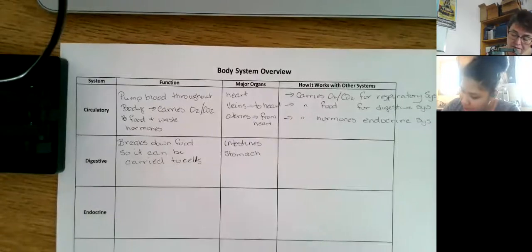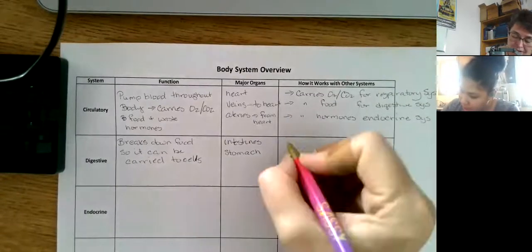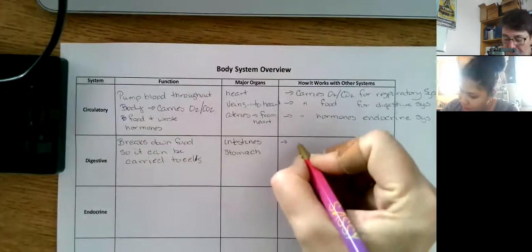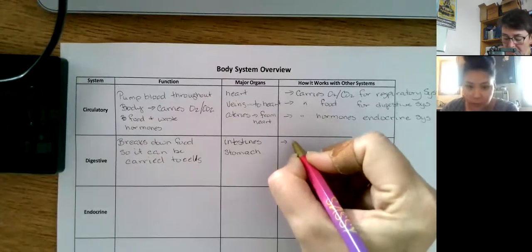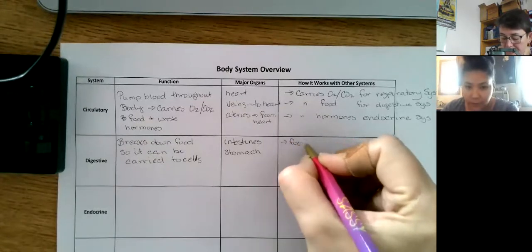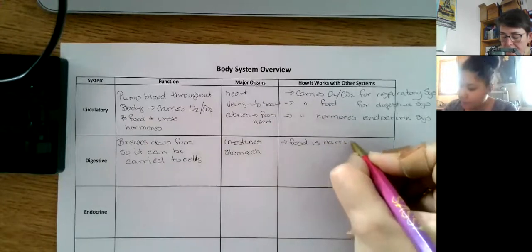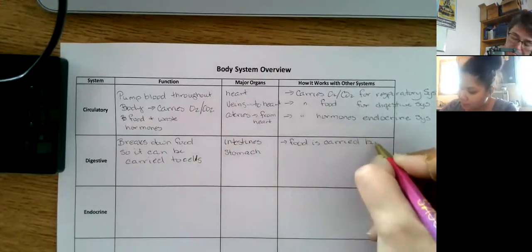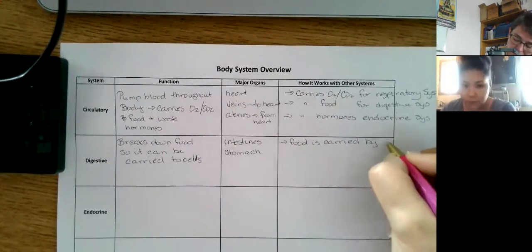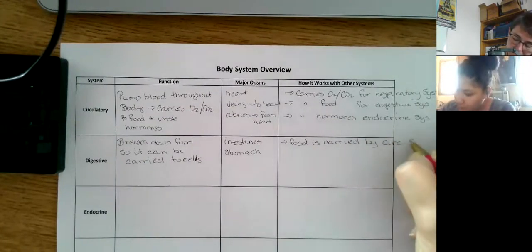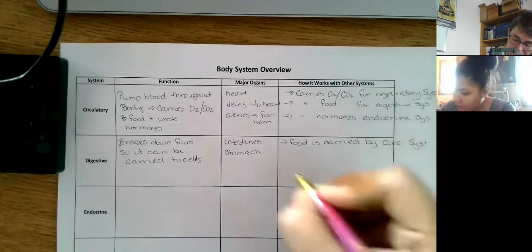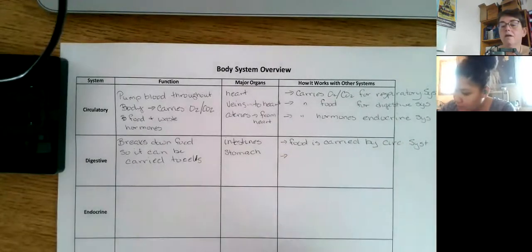All right, digestive system, how does it work with other systems? Well, the food is carried by the circulatory system. What is the name of the hormone that controls your sugar level?